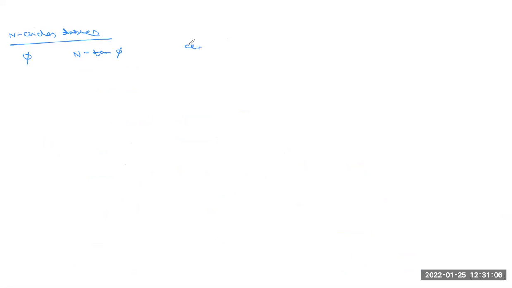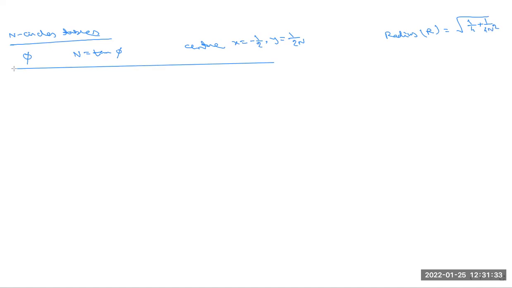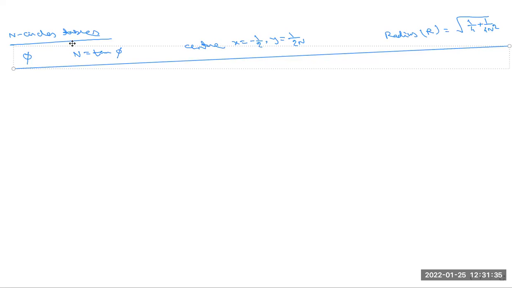Then this is the center: x equals minus half, and y equals 1 by 2n. And another one is the radius, that is r, equal to 1 by 4 plus 1 by 4n square. Now we have to prepare the table of the n circles.